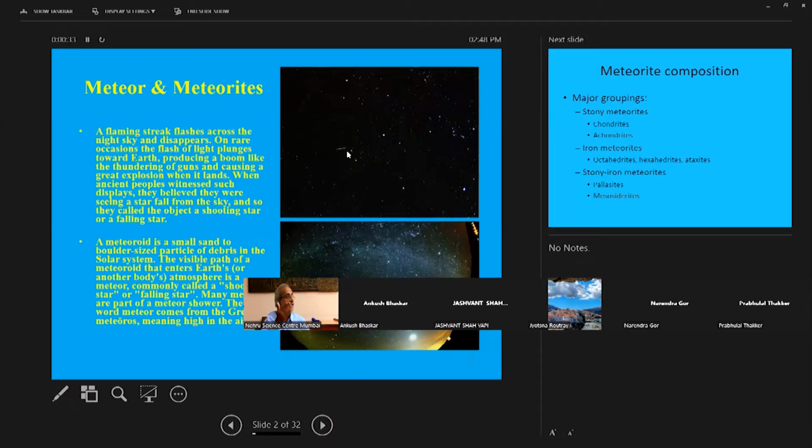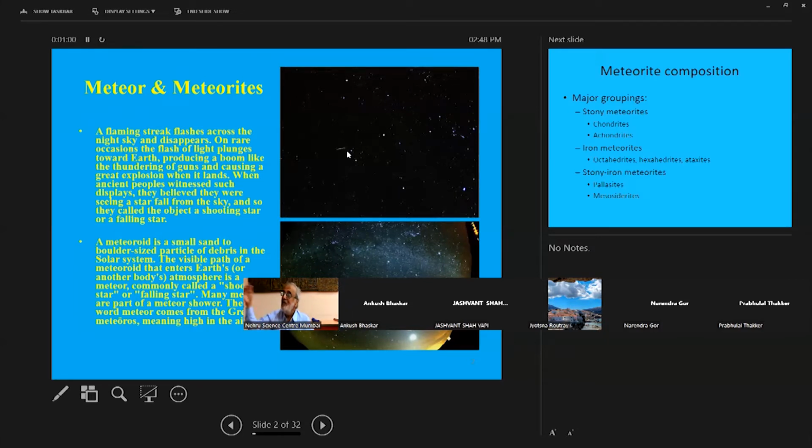Normally with the naked eye, you can see a very big meteor, which means it may be brighter than even our Jupiter. So that bright also you get meteors. You get very faint meteors, and normally the number of faint meteors is more. And then later on I will tell you how to look for radio meteors.